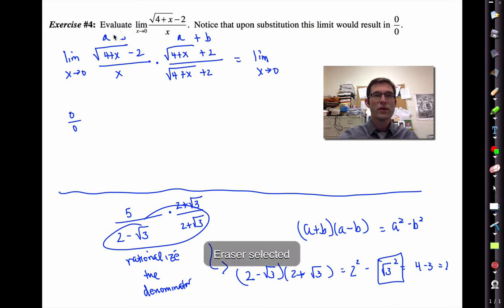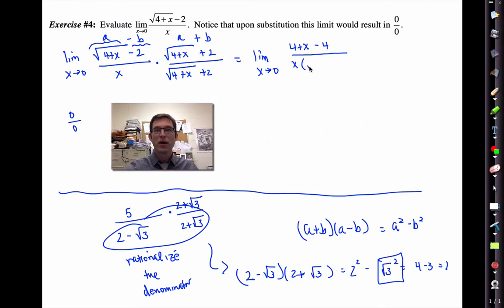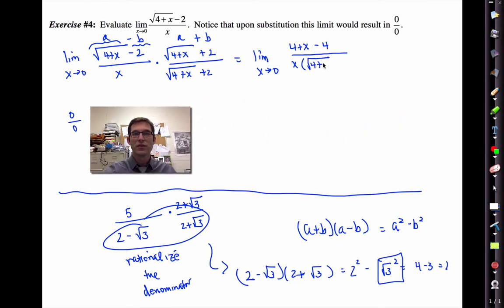Let me really make sure you get it. a minus b times a plus b. So a is this entire thing, and b is the 2. So what I'll get is root 4 plus x squared, which is just 4 plus x, minus 2 squared, which is 4. The denominator, again, let's be very good about our parentheses use, is going to look something like that.